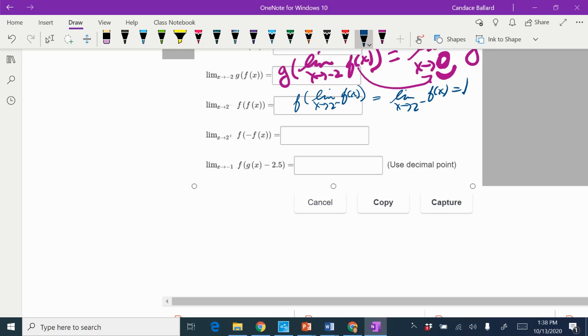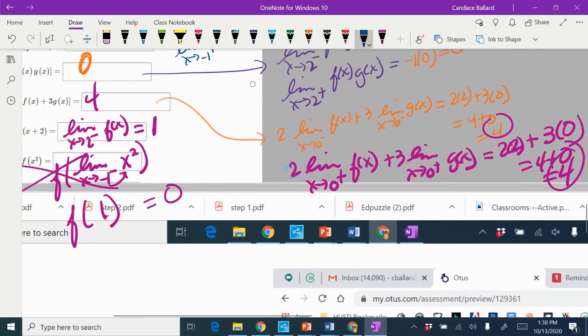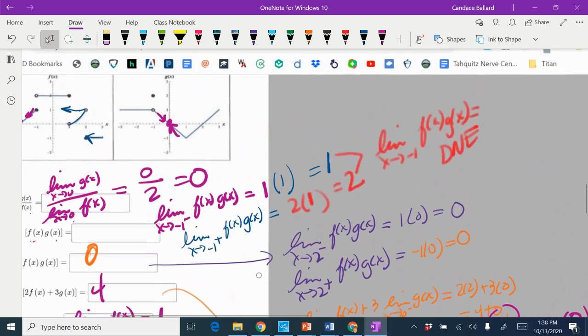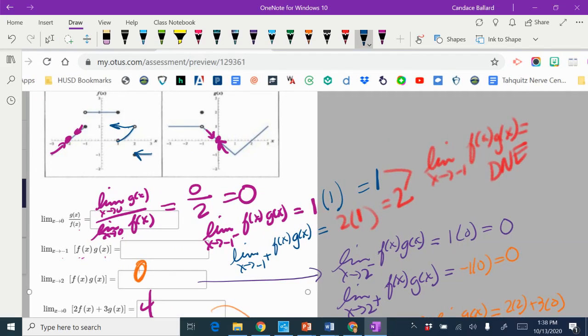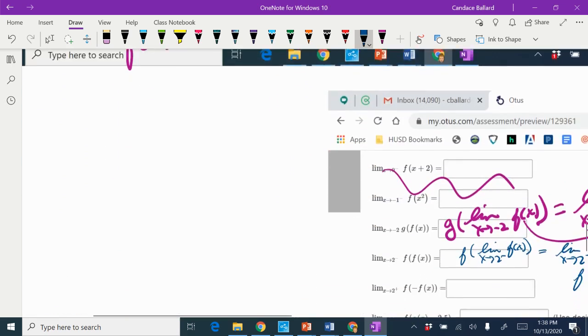I now need to figure out what's going on at f of 1. Well, the problem is if I look at that in the graph, f of 1 is not continuous, so I only get to look at it from one side. I'm going to continue to look at it from the left side. When I look at it from the left side, I know the limit is going to 2.